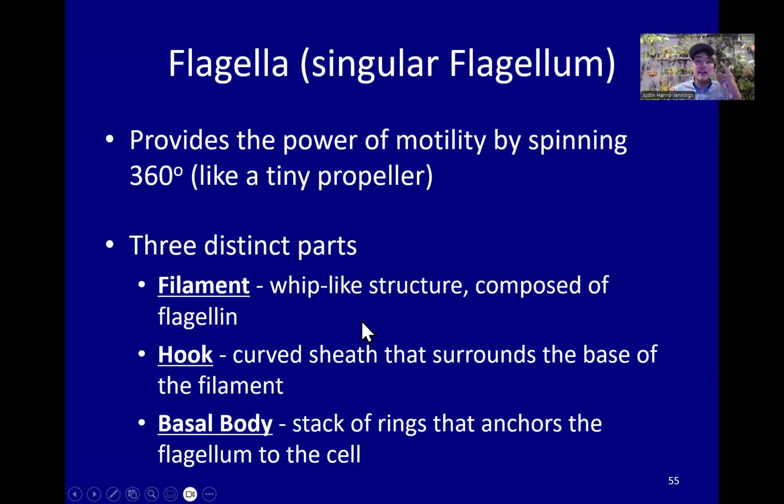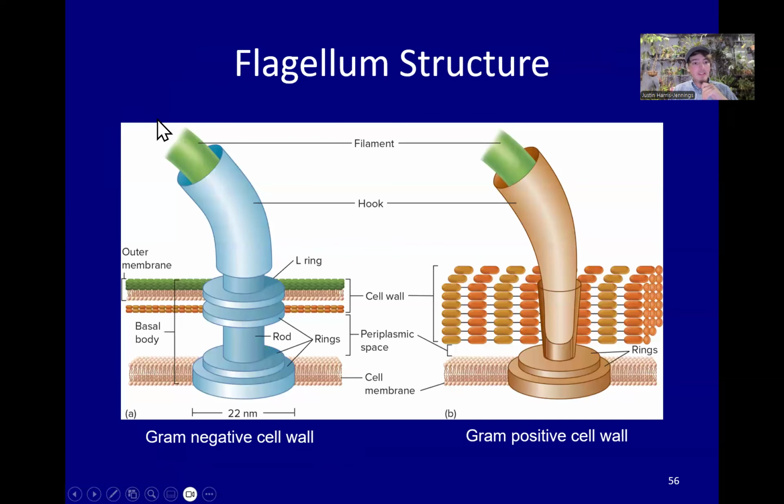So the flagellum is this whip-like appendage that rotates like a propeller, and it is made up of a filament. These proteins are repeating units, and so they are shaped like this, and then they stack like that into a very long strand, and then they bundle those strands to make a filament. And this filament is protruding into the environment. It then has a hook and a basal body.